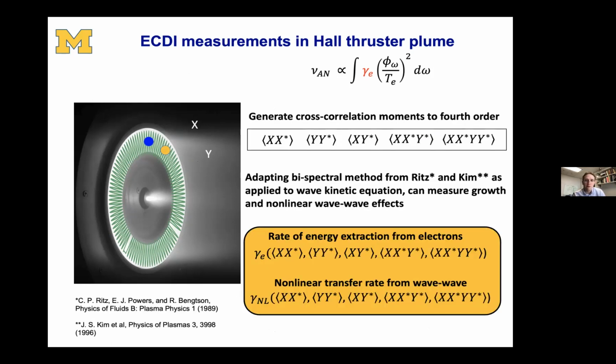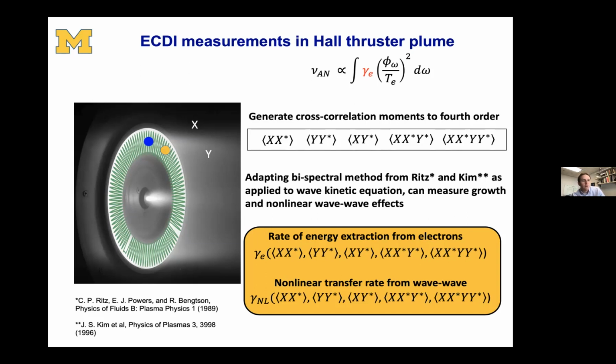The reason it's relevant is that there are established methods based on the techniques of Ritz and Kim, where you can start with a kinetic governing equation for the propagation of waves, which includes both linear and nonlinear effects. Captured in that equation are things like the growth rate as well as nonlinear length scale transfer rates.